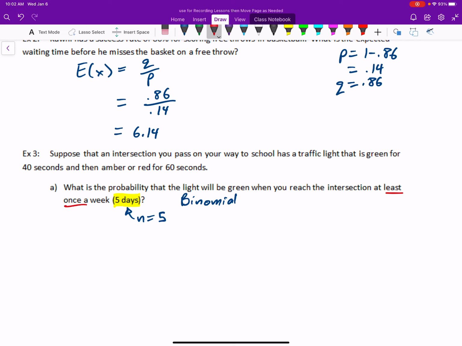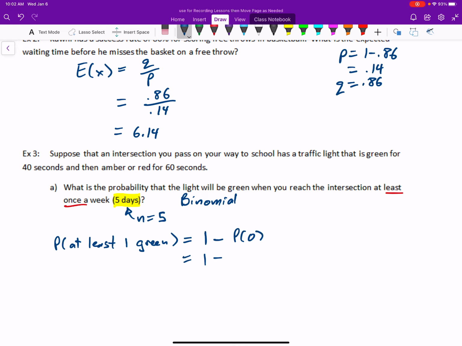I could calculate all those and add them together, or I could do the indirect method, where I could do the probability of at least 1 green, which is going to be 1 minus the probability of getting 0, right? Let's call that P at 0.